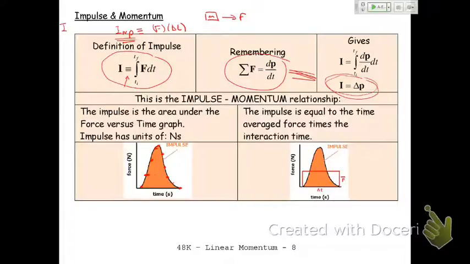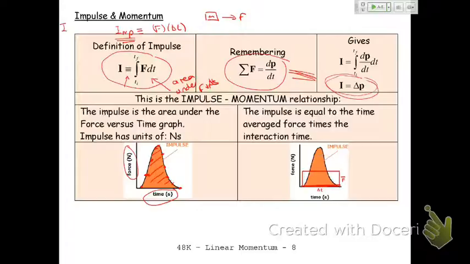And what I recognize is, oh, this is the area under a force versus delta t, or force versus time graph. So if I have my force versus the time, and I just take the area under it, that's my impulse, which is kind of cool. And that opens up another possibility. I can have a complicated interaction, but I can define a time duration and ask, what is the average force?